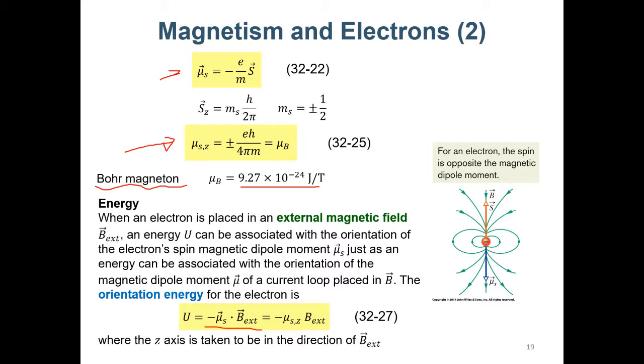If you have an external B field outside, then when you have many magnetic dipoles, they will try to align to the external B field. But this is very difficult to imagine.